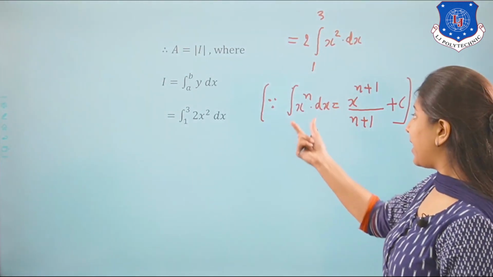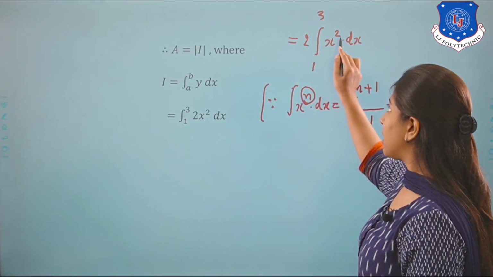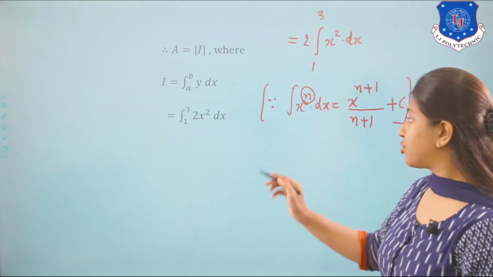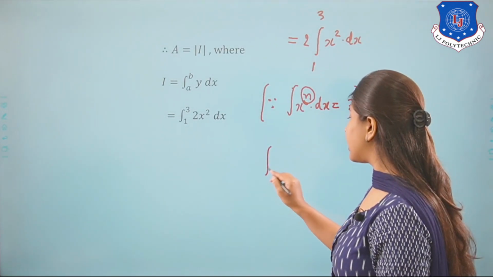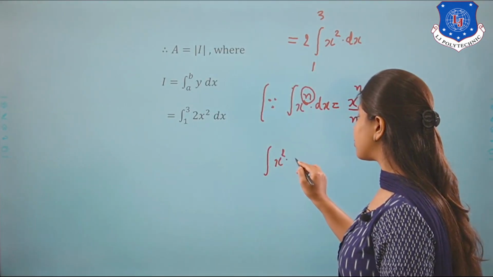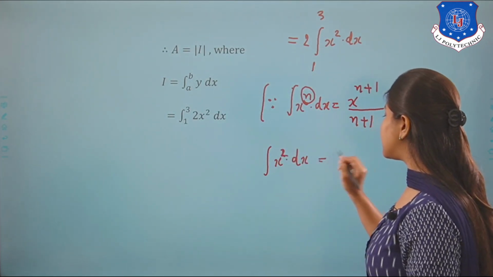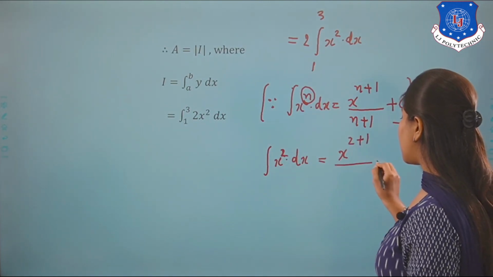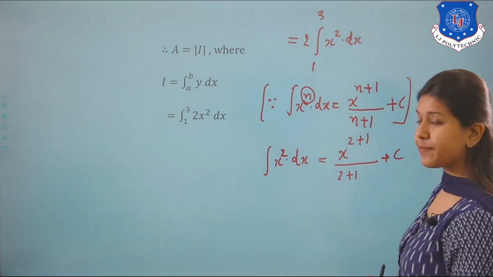See, comparing both this term, we have the value of n as 2. Right? Now putting 2 in this whole term, we get integration of x raised to 2 dx is equals to x raised to 2 plus 1 upon 2 plus 1 plus c.